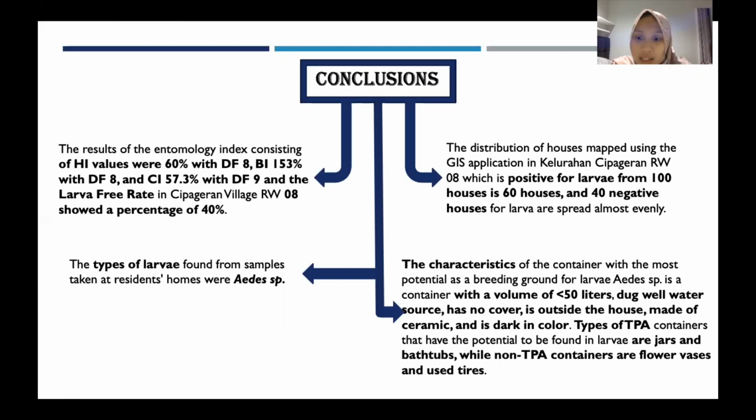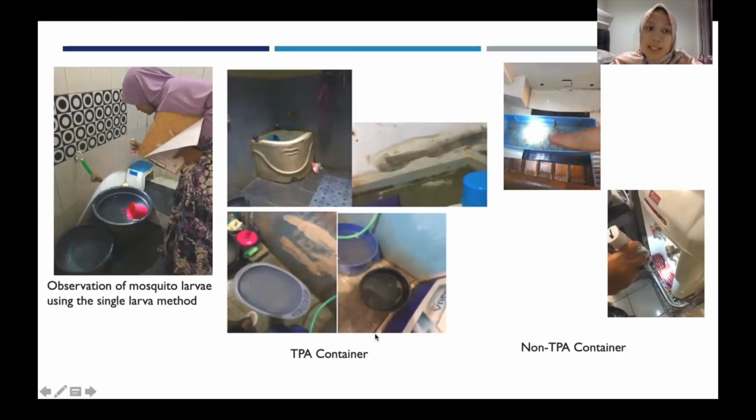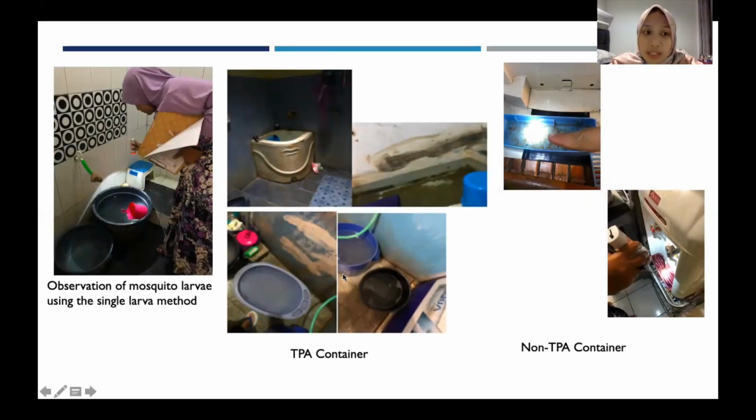The types of TPA containers with potential to have larvae are jars and bathtubs, while non-TPA containers are flower vases and used tires or wheels. And the last one is our observation of 100 houses.